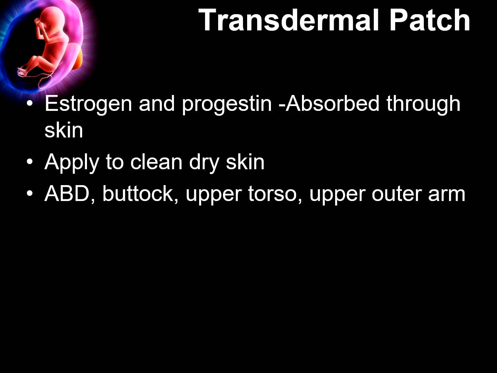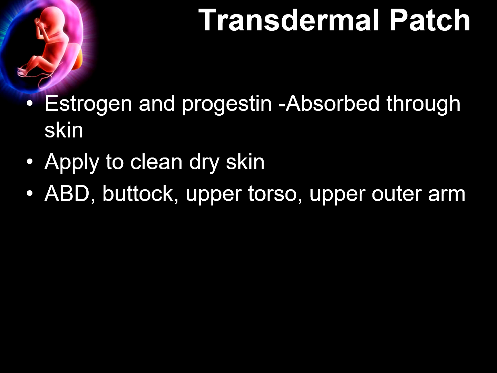The transdermal contraceptive patch is another method of contraception. The ethinyl estradiol and norelgestromin transdermal contraceptive patch releases small amounts of estrogen and progestin that are absorbed through the skin to suppress ovulation and make cervical mucus thick.